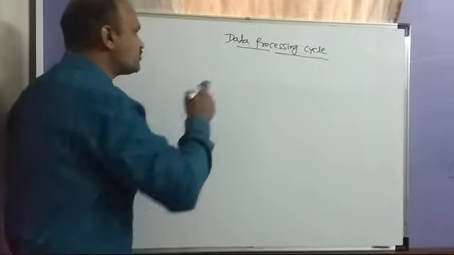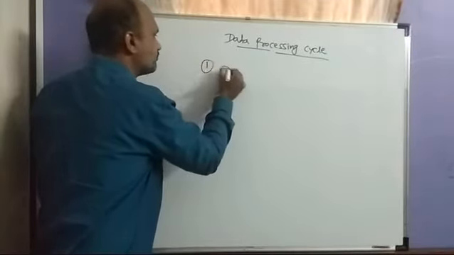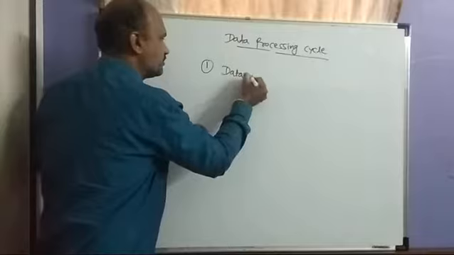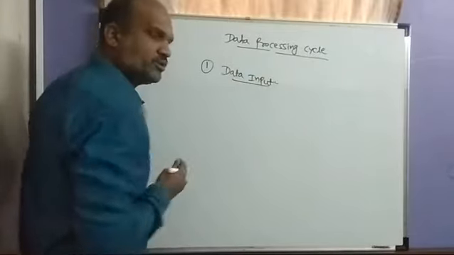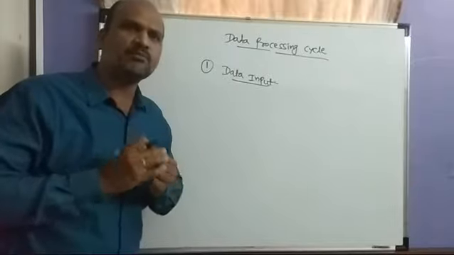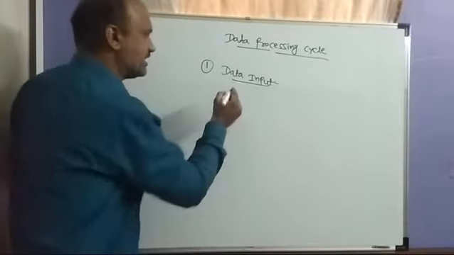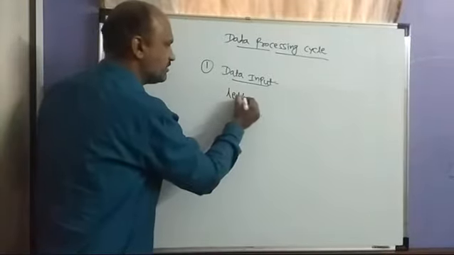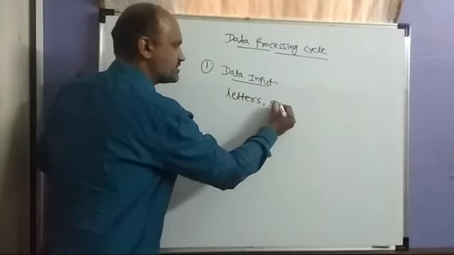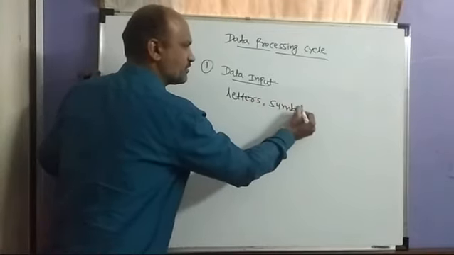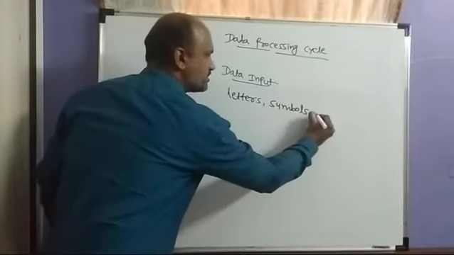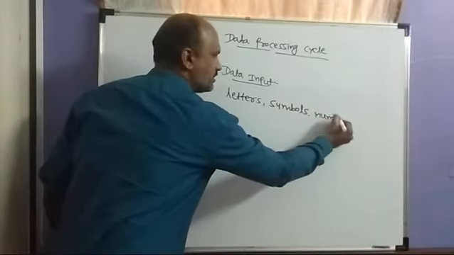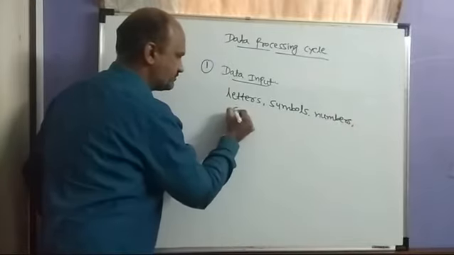So the first one is the data input. You have to give the data input. In this, the input may be anything. It may be letters, symbols, numbers, or shapes.